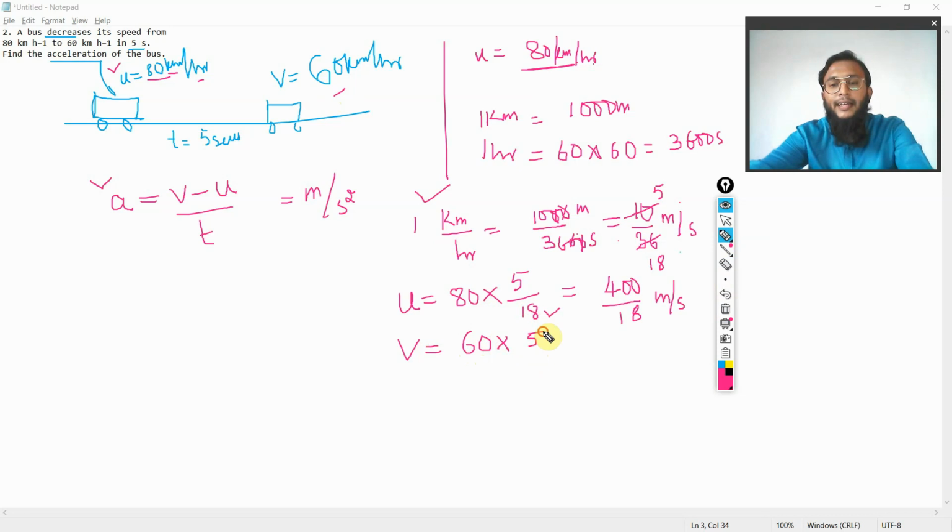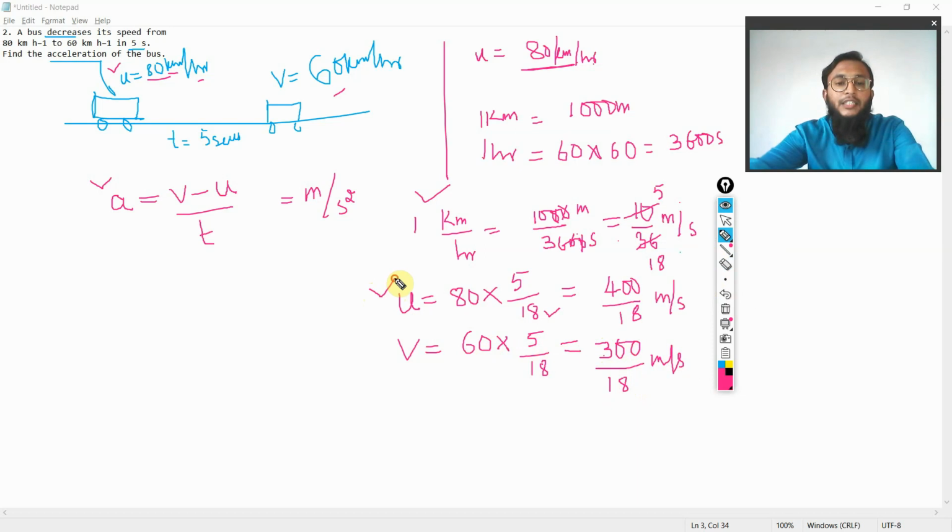I can either multiply these two numbers or use this number directly. Let's multiply them. 5 6s are 30, and the 0 is carried, so 5 60s are 300, by 18 meter per second.